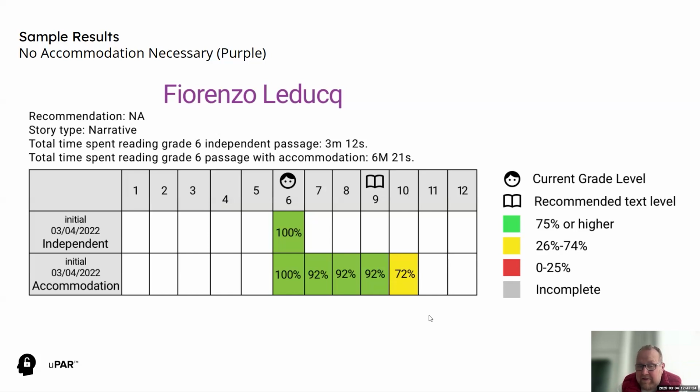We went back to grade level and tested their independent reading level. This student already reads at grade level. So this student would show up in the purple at that point in time, meaning that they already independently read at grade level, but when text is read to them, they can actually comprehend above grade level.